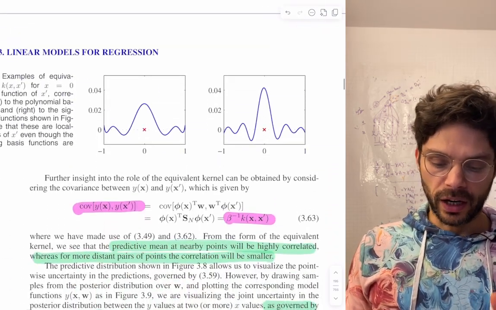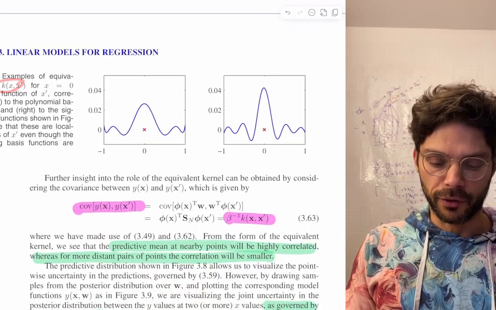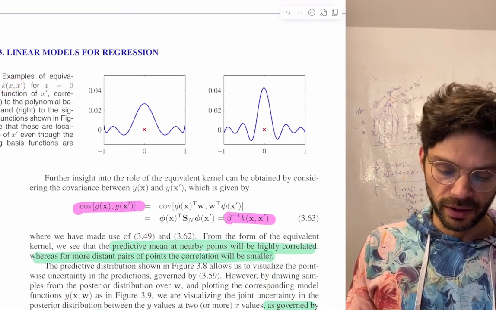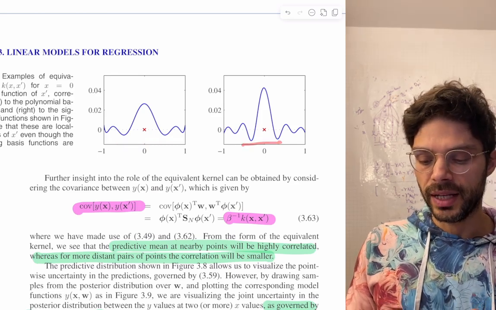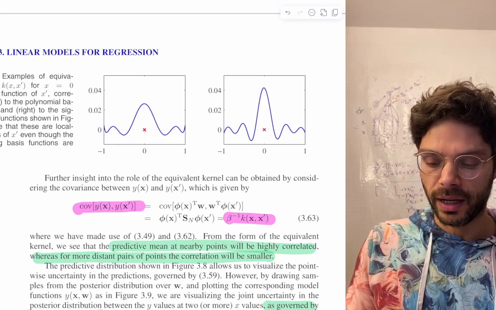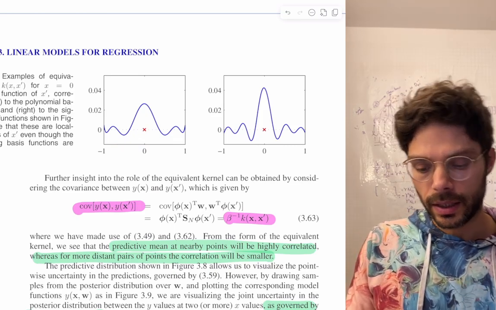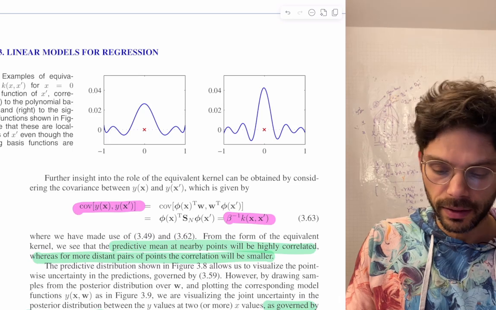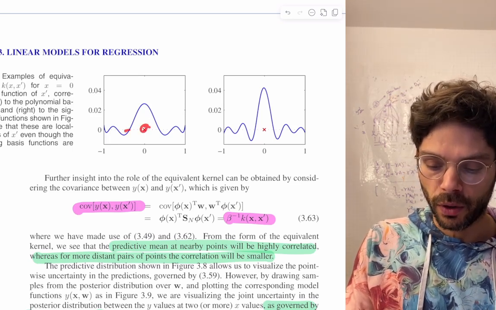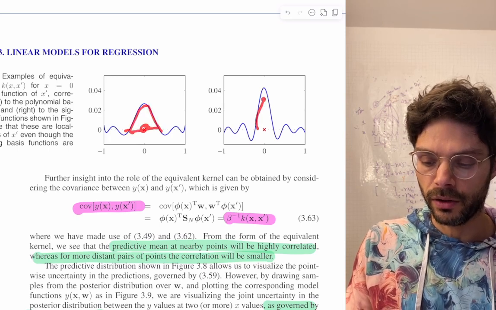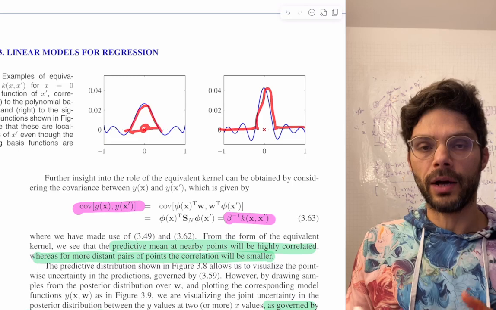Yeah, and so we can work out what these kernels look like for different types of basis functions. So I think this is a polynomial basis, and this is maybe a sigmoidal basis. Nevertheless, you see that the points that really affect, or are affected by, the value at 0 are just the ones that are nearby in this low lobe, and the points farther out don't so much.